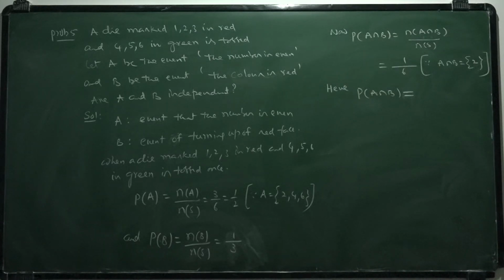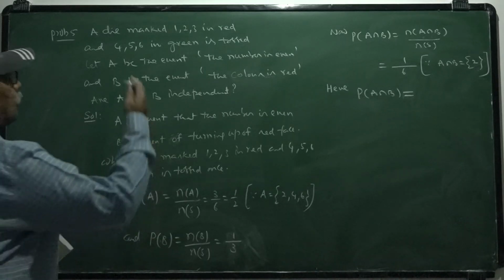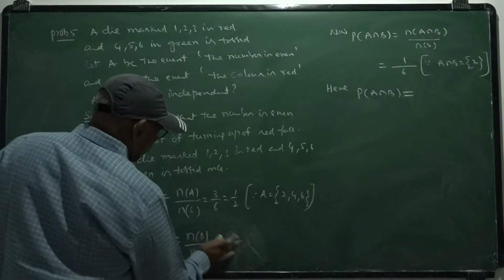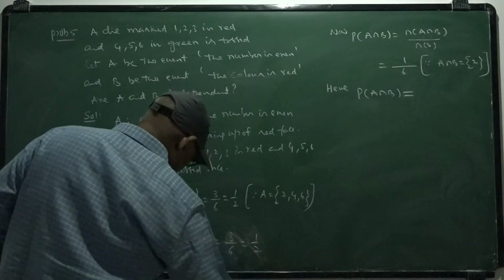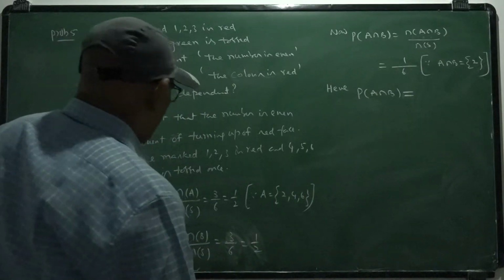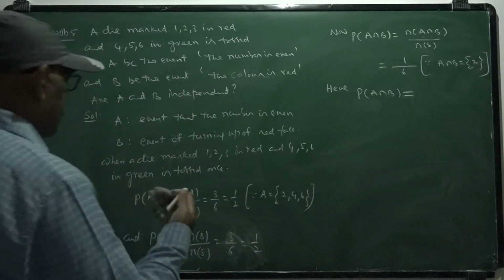Total faces are 6, and that is correct, 1 by 2 itself. Total number of faces is 6, out of 6, 3 are in favor of B.